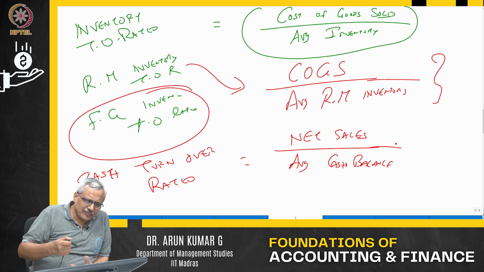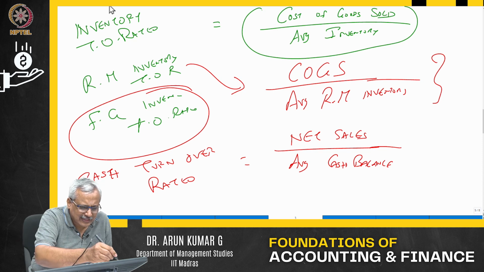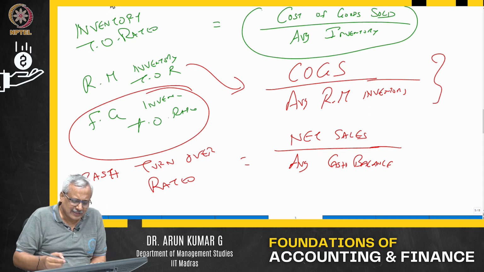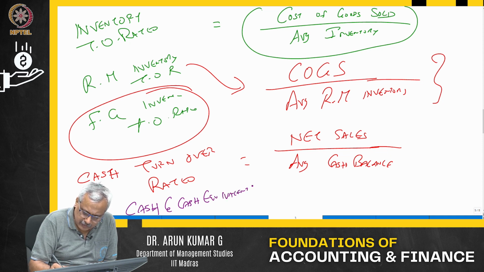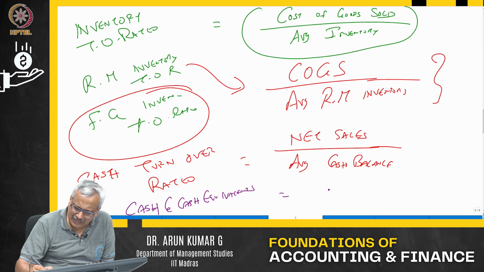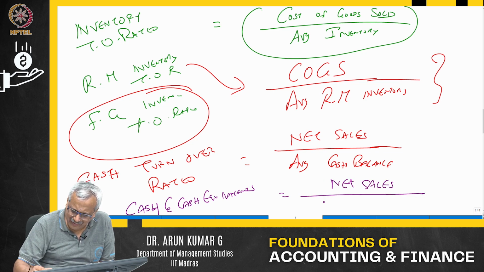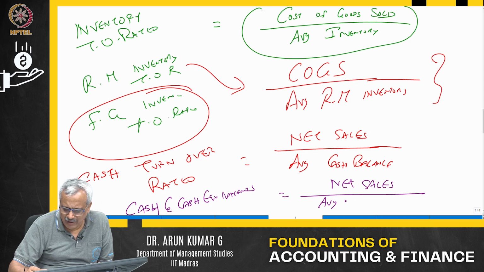I can move a step further and include cash and cash equivalents here. Then net sales by average balance of cash and cash equivalents.